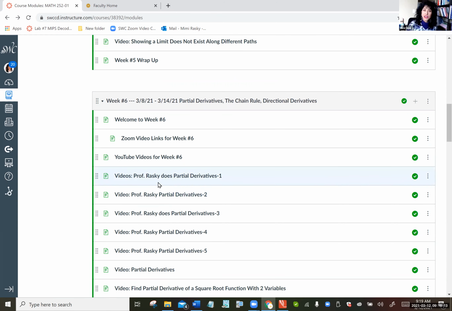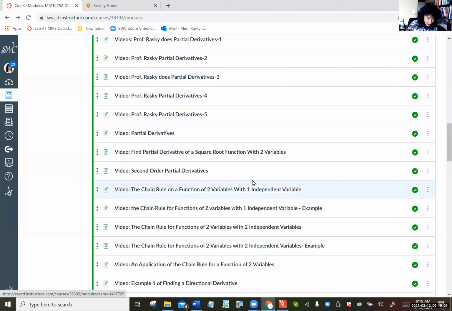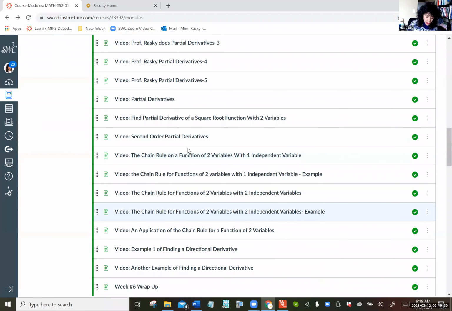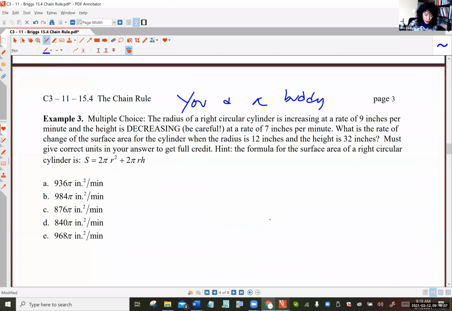It's a little more professionally done too, where I didn't make mistakes and go human. So partial derivatives 1, 2, 3, 4, 5 here, where it says Professor Rasky, that's me. I recorded those myself. And then here we have chain rule for functions of 2 variables. If you're confused about today's material, I encourage you to go watch some more stuff, or even just to watch it to reinforce. Okay.